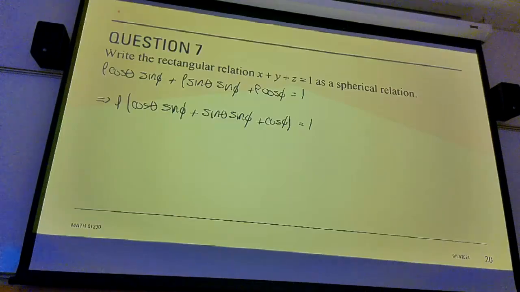Is it simpler? No. We could use the product to sum identities on the first two terms. Unfortunately, you're going to get four terms out of that, so two extra terms with no cancellations.